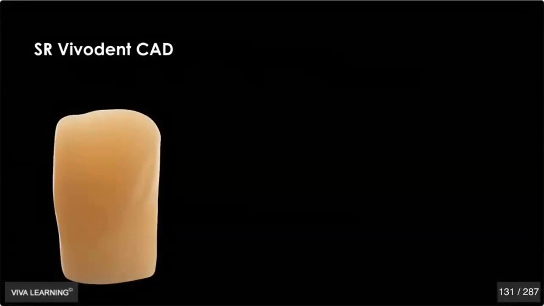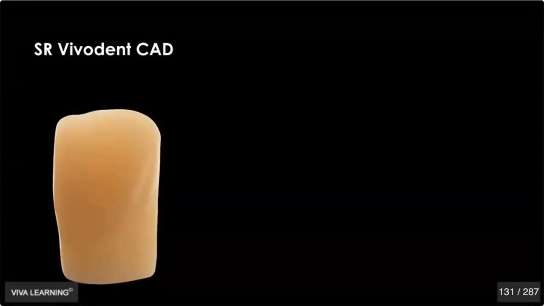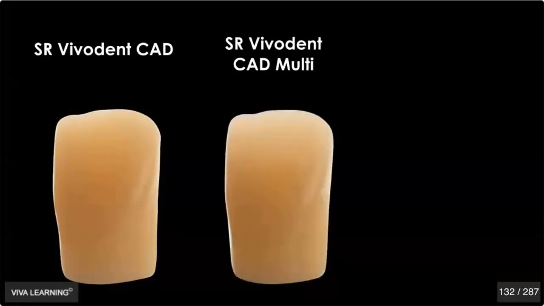But if you look at the quality of the teeth, these are the SR Vivadent CAD, and this is the SR Vivadent CAD Multi. You notice that here there is a monochromatic shade, and then when you look at the CAD Multi, you can see that the incisal had a certain translucency that gives the tooth some vitality and make it look natural and pleasant.